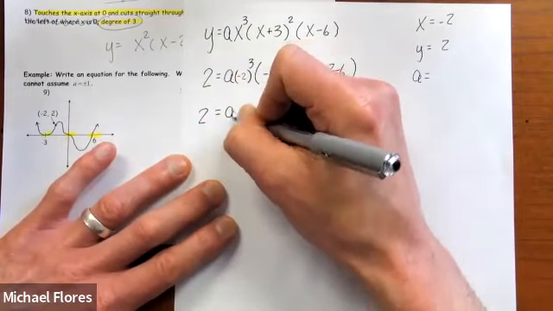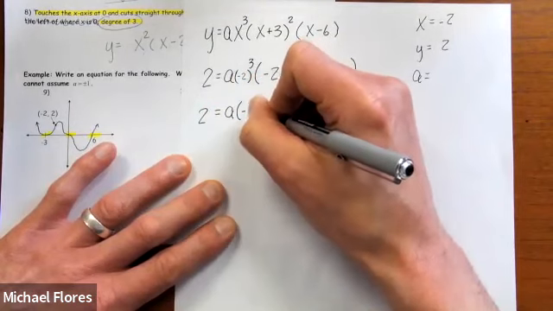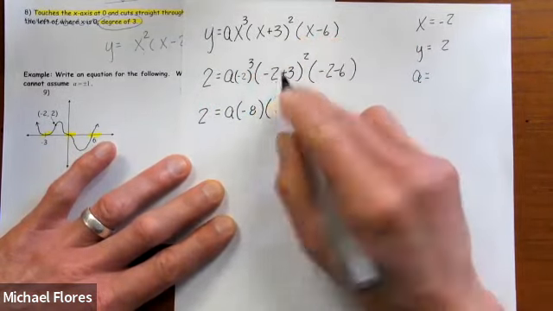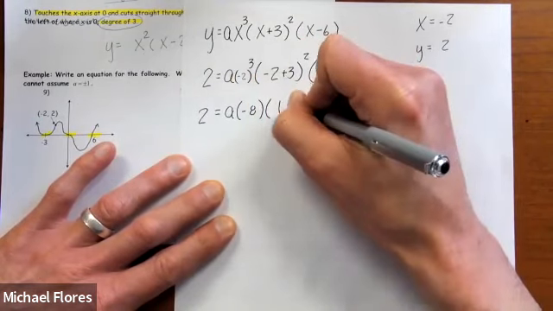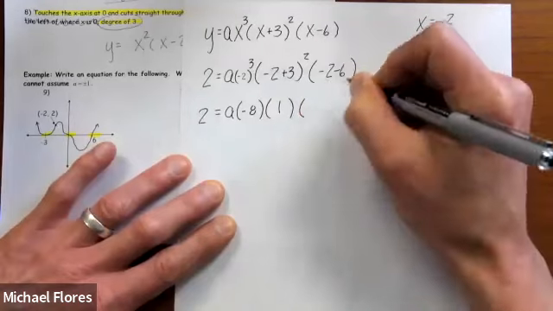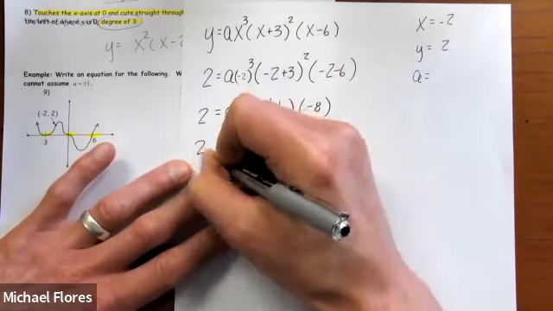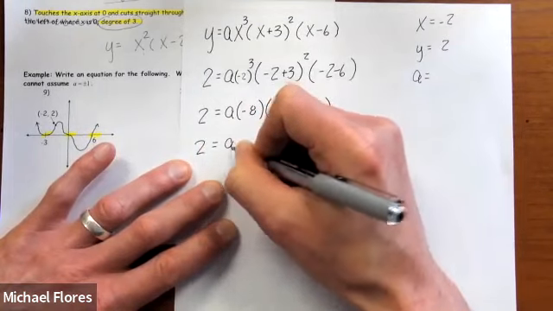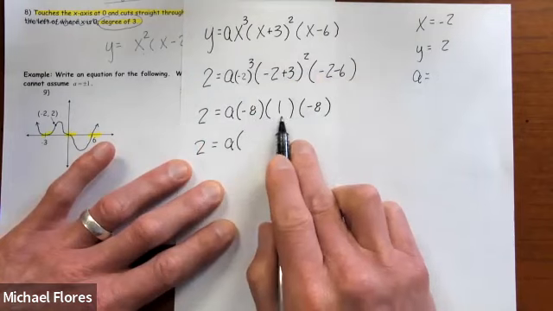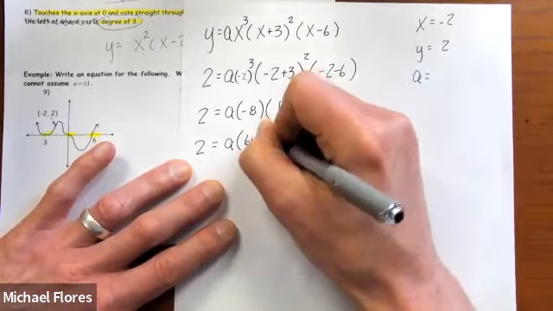Oh, here we have a -2 cubed is -8. Here we have -2 plus 3, which is 1, and 1 squared is still 1. -2 minus 6 is -8. All right, now here we have -8 times 1 times -8, which is going to be +64.